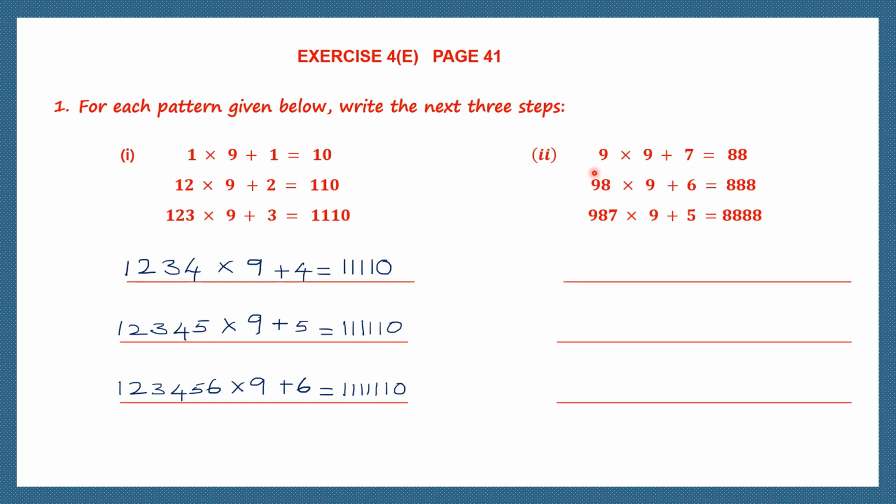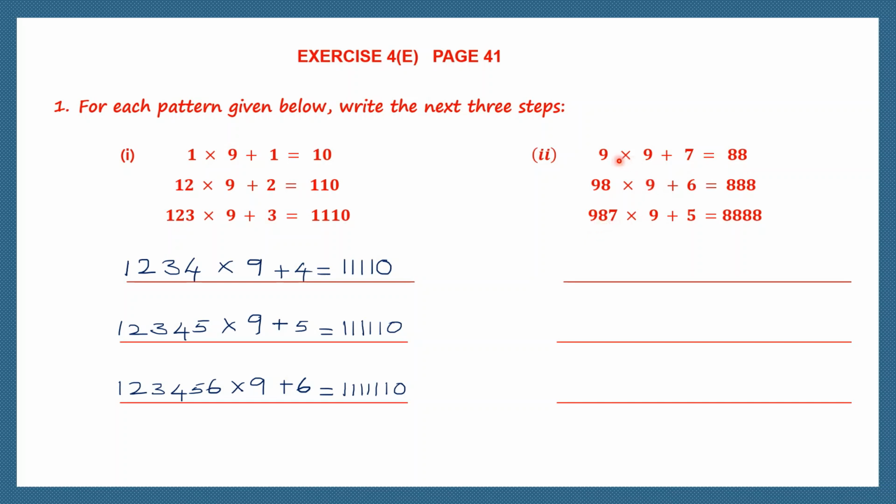Here also observe the pattern in the first 3 steps. And we need to write the next 3 steps now. So what do we have here? 9 into 9 plus 7 is 88. So here 9 and here it's become 98. So 9 and 8. Here it's become 9, 8, 7.